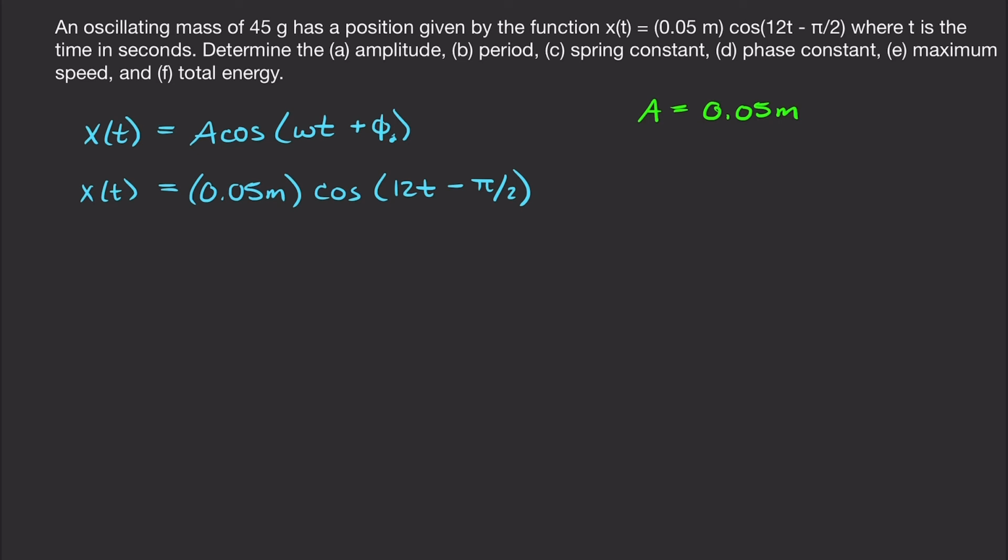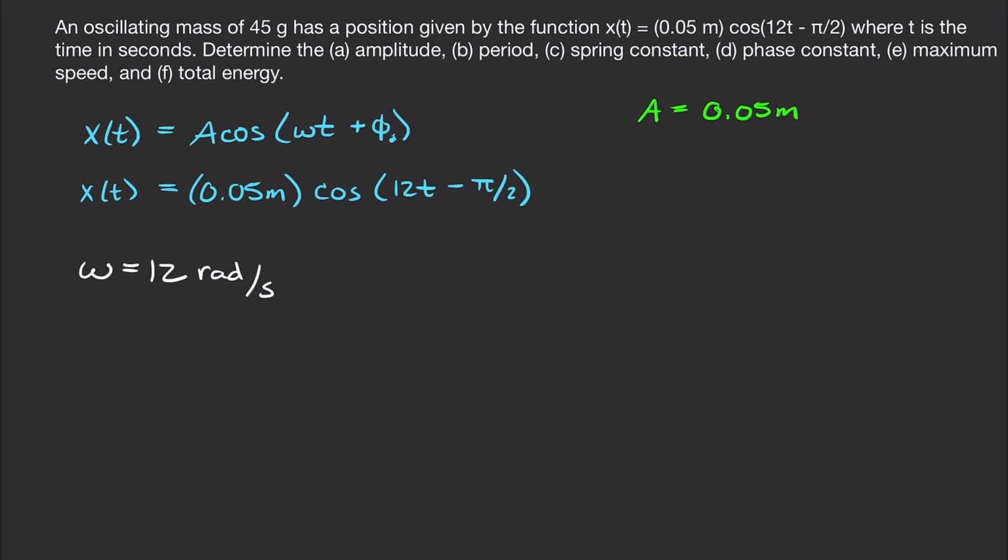0.05 meters. The period, well, we don't have the period here, but we have omega, and that can get us the period. So omega is equal to 12, since it's in front of t, and omega is measured in radians per second.